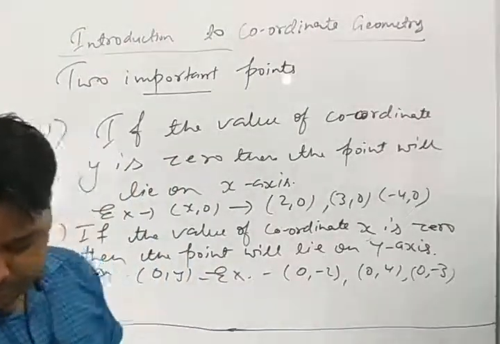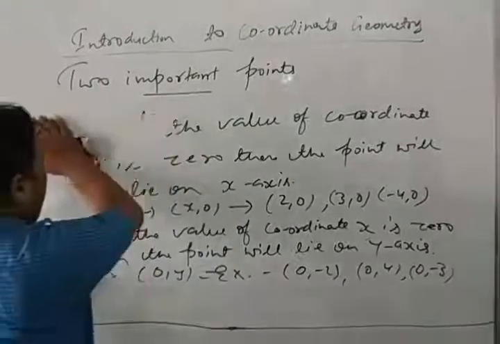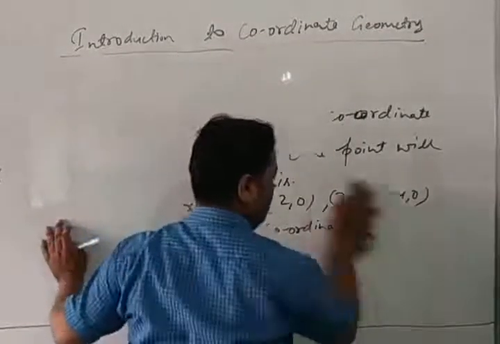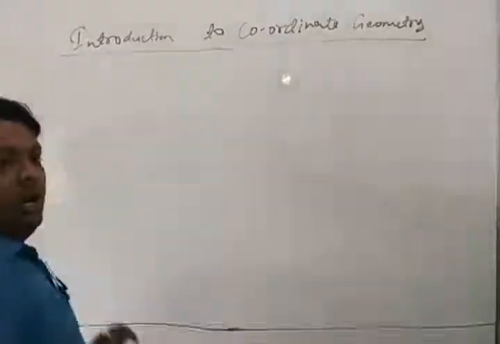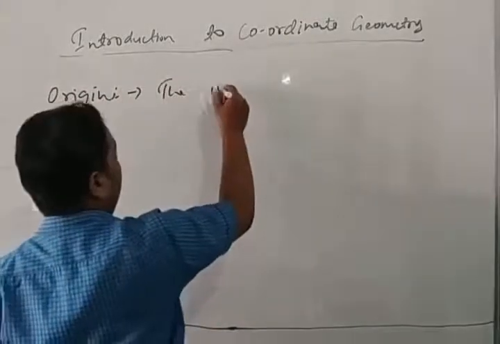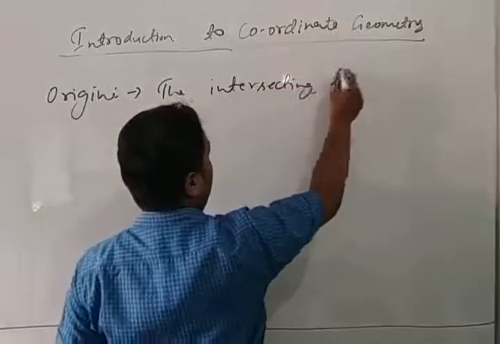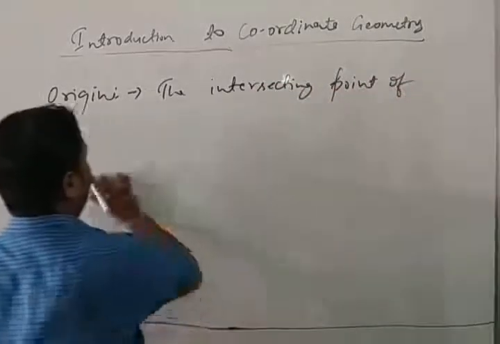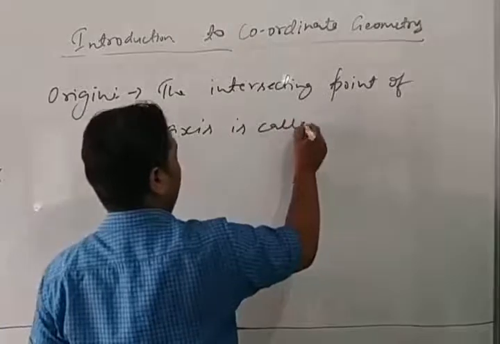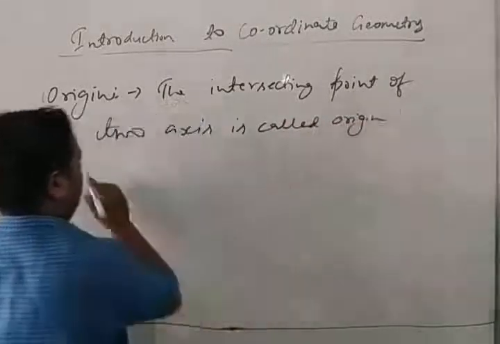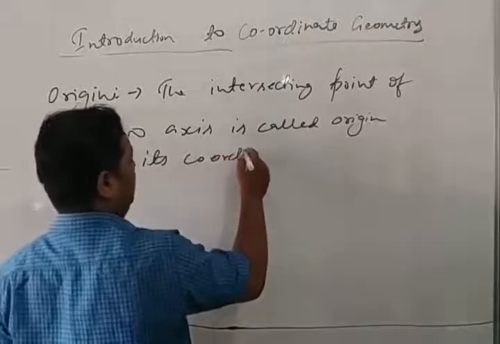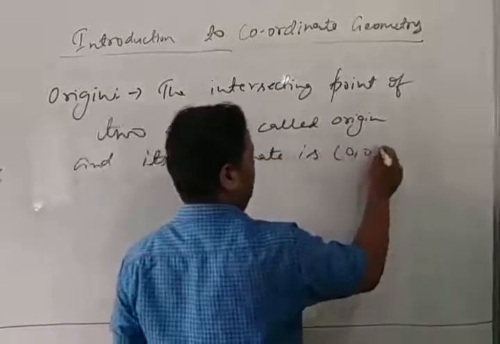Okay. Now one more point, origin. The intersecting point of the two axes is called the origin, and its coordinate is (0, 0).